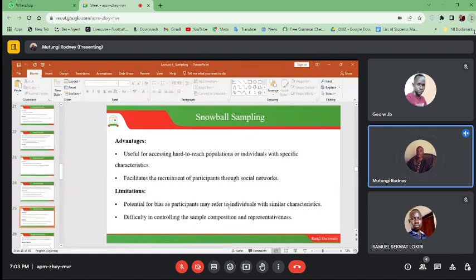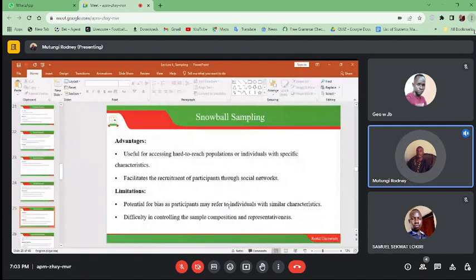The advantage is that it is useful in accessing hard to reach populations or individuals with specific characteristics. Then it facilitates recruitment of participants through social networks because they always know each other. So those social networks help us to get this sample.